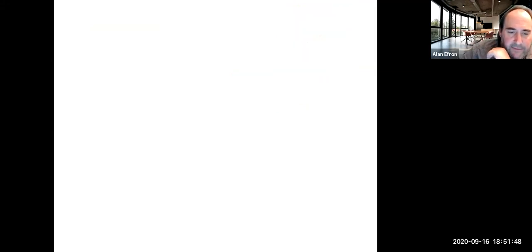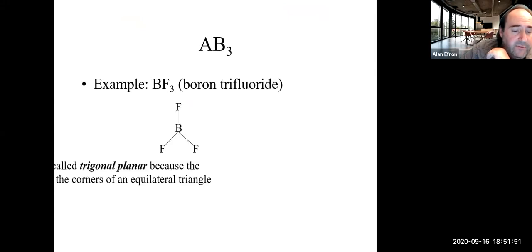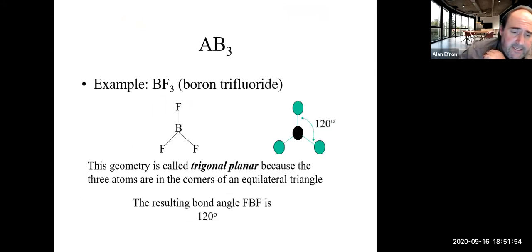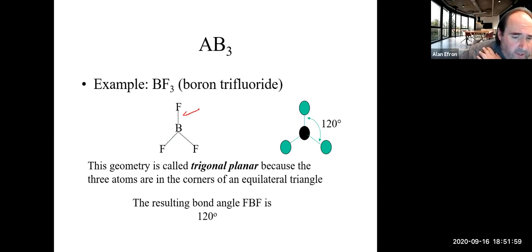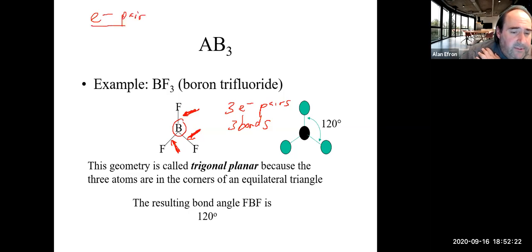So the next example is a central atom where three things are attached. Here, if we look at our boron, also an exception, it has one electron pair, two electron pairs, three electron pairs. Again, the central atom is always the important one. It also has one, two, and three bonds. Something with three electron pairs, the electron pair name is trigonal planar, also sometimes called triangular.